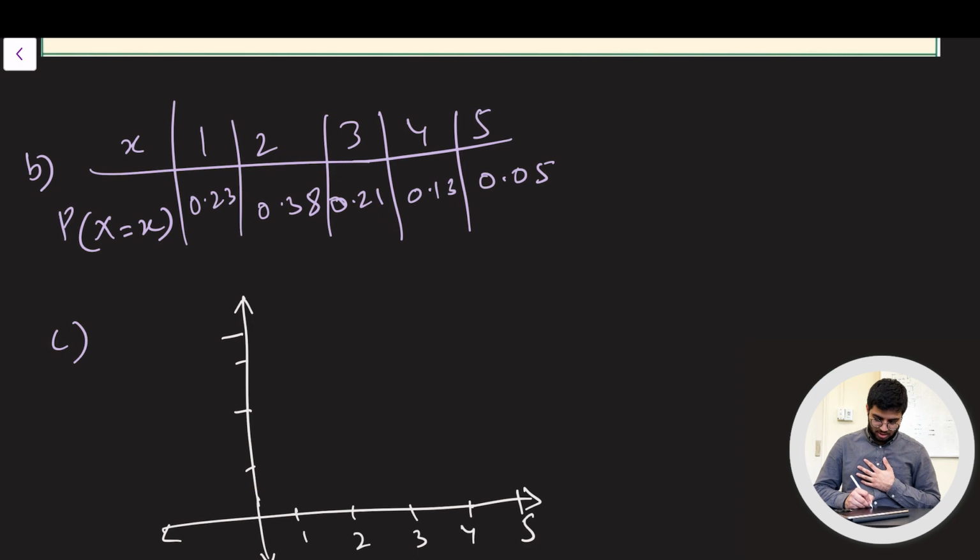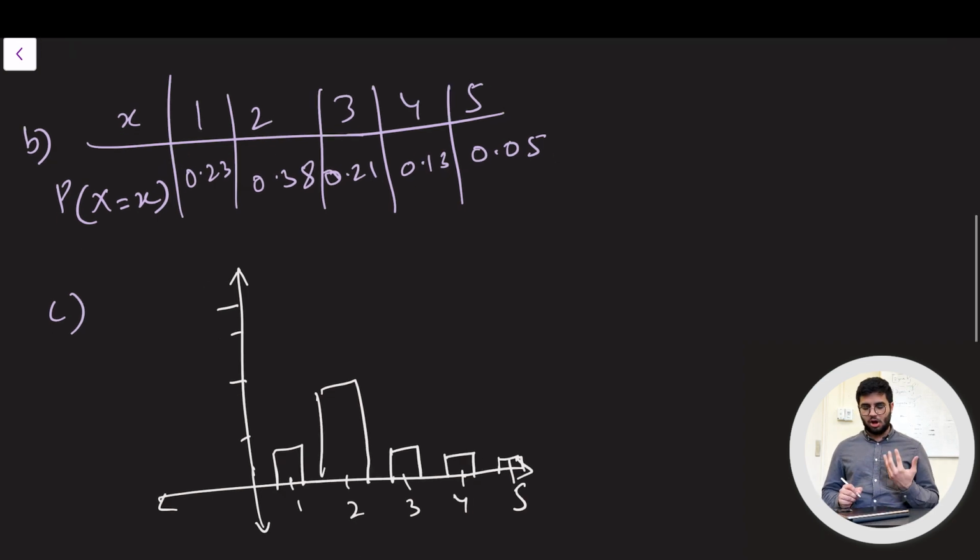So you have 0.23 and then 0.38 and then 0.21 and then 0.13 and then 0.05. Obviously, you would draw it a bit more accurately, but for this time period, I'm just trying to show what the process is, and that is how you would do it.